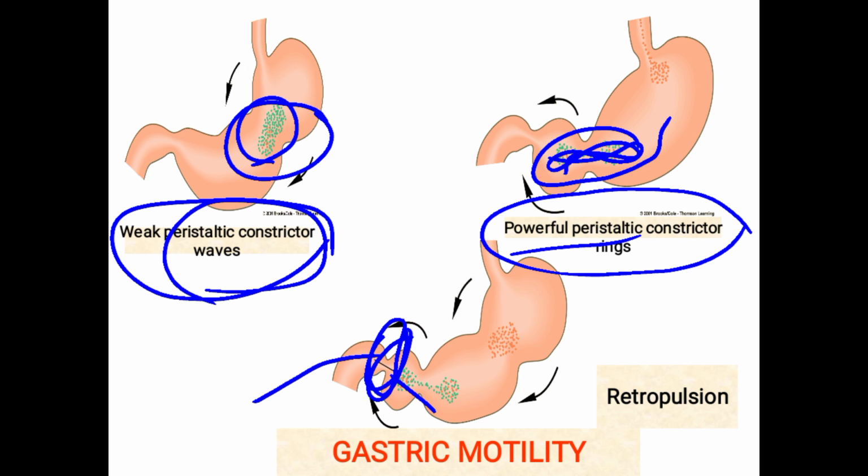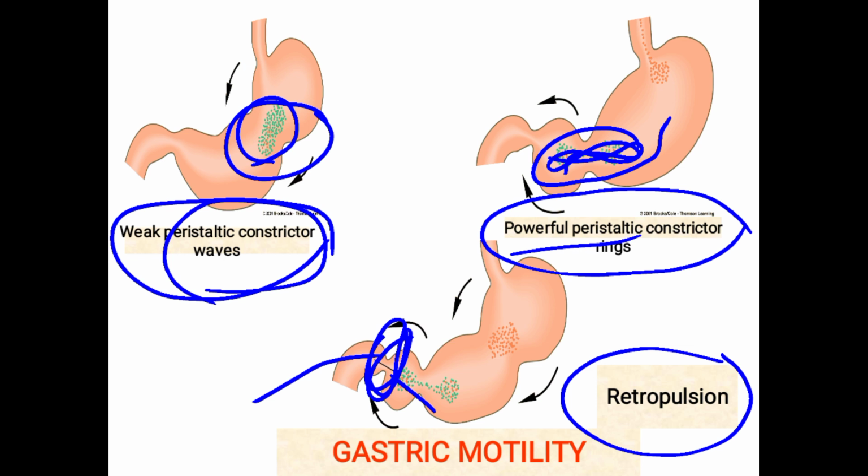So a little bit of food passes through it, and then some comes back to the stomach. Again a little food passes to the intestine and comes back. That is called retropulsion. Retropulsion is helpful for the mixing of the food and movement of the food towards the intestine. That completes gastric motility.